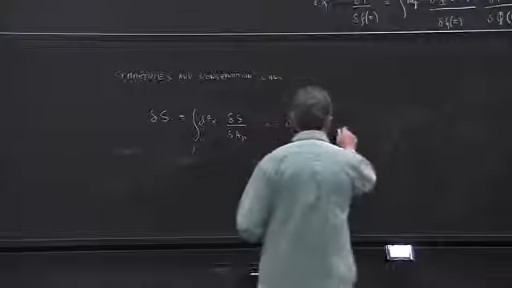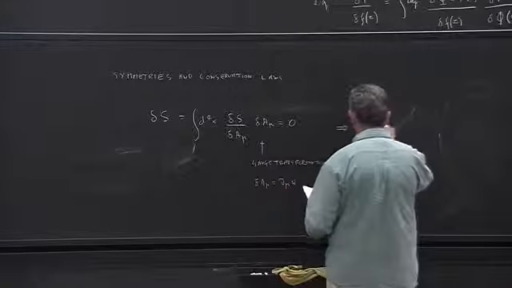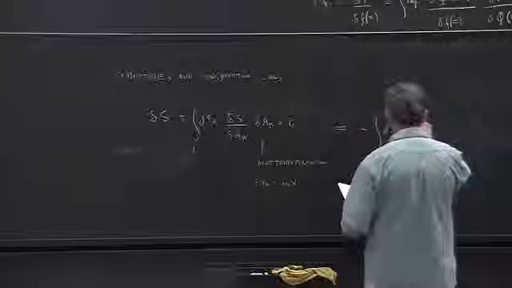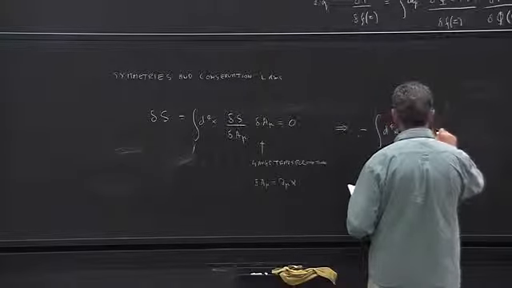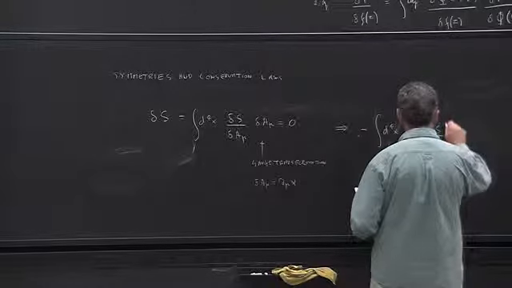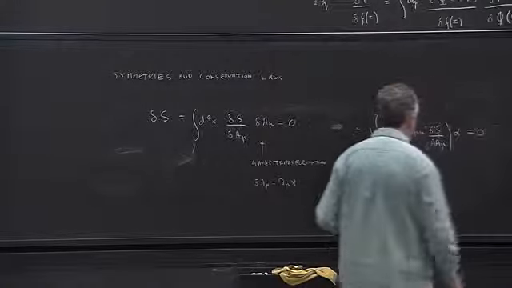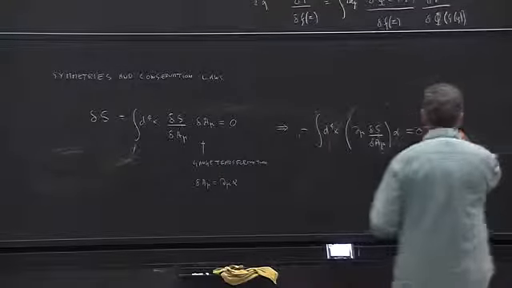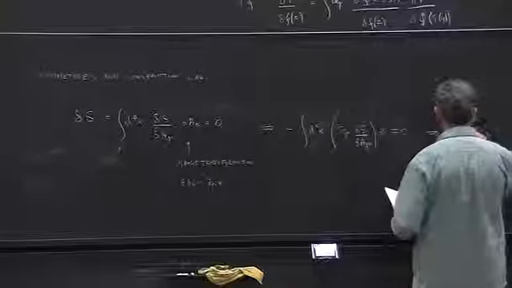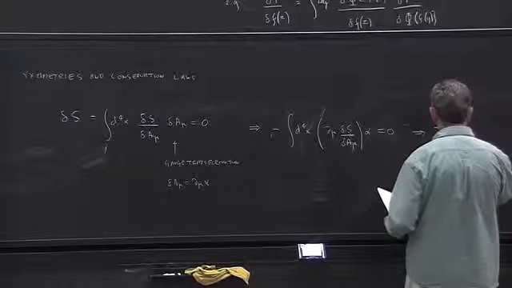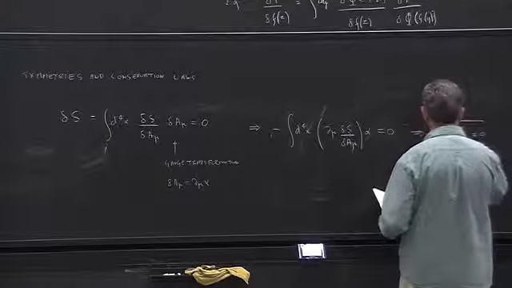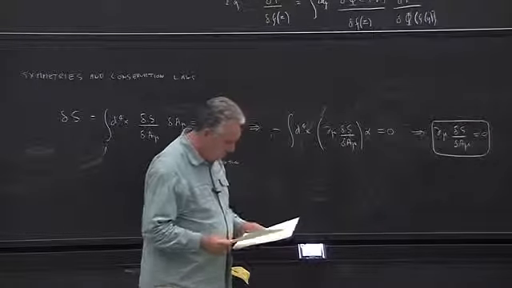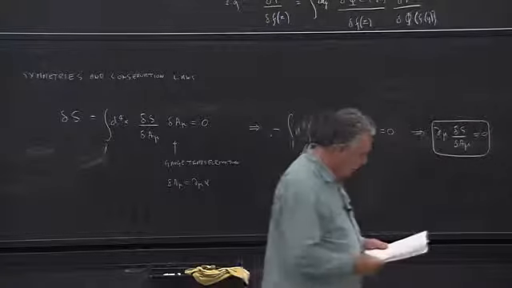So if I put that together, and I integrate by parts, I learn that d mu of delta S over delta A mu times alpha is equal to 0. But since alpha was arbitrary, d mu delta S over delta A mu is 0.